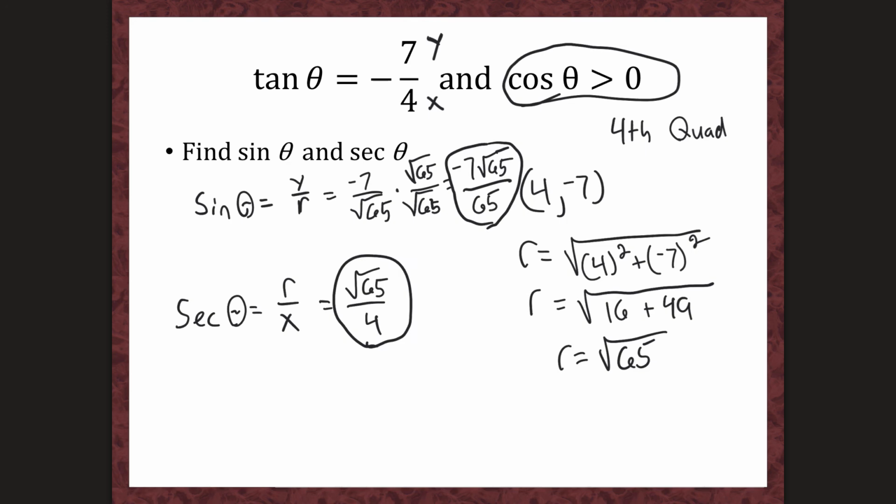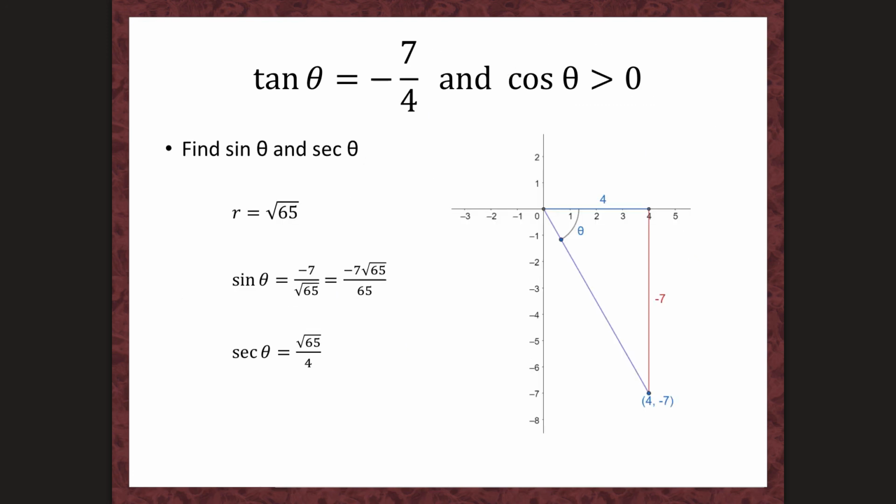Okay, let me clean this up and show you a picture of it. So there we go. We figured out what quadrant it's in first, without actually drawing the picture out, and kind of drew a picture of it, at least I did in my head. We used the reference angle.